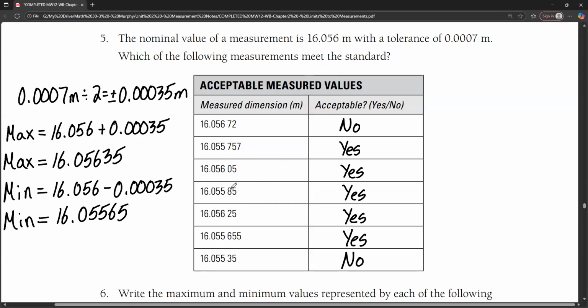Okay. Just double check them all. Yep. Yes. Yes. And I'm just looking at from the hundredths place on. I'm not even looking at the 16 part there.